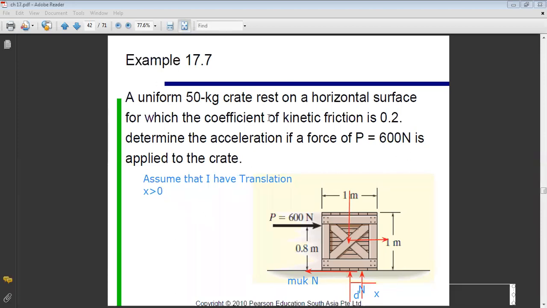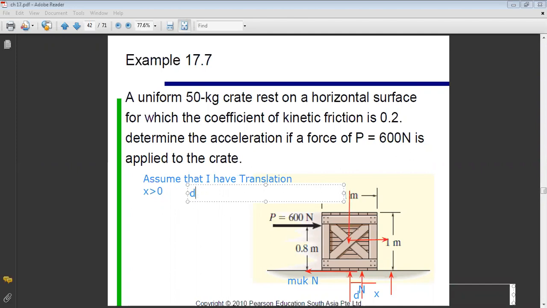Maximum 0.5, because if D is higher than 0.5, this means that my normal is outside of the surface, which is impossible. I cannot have a normal reaction outside of the surface. So assuming that I have translation requires the condition that X is positive or D is smaller than 0.5.